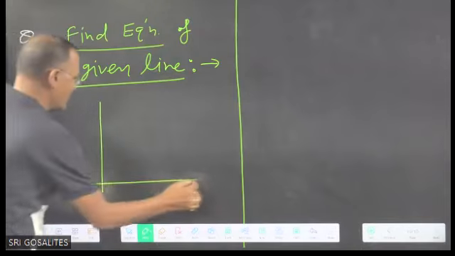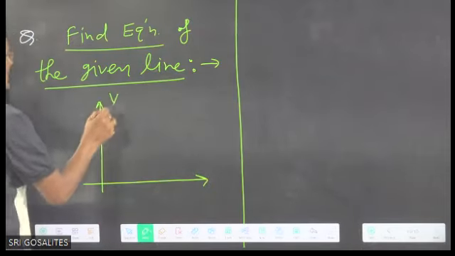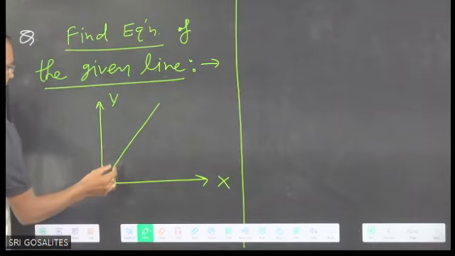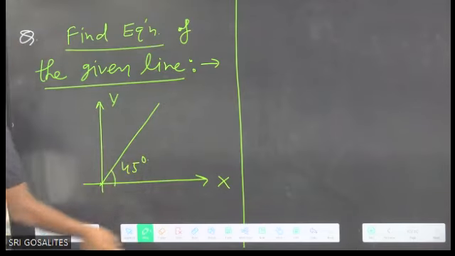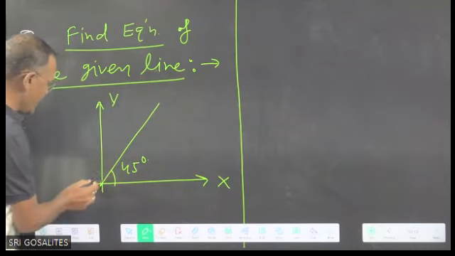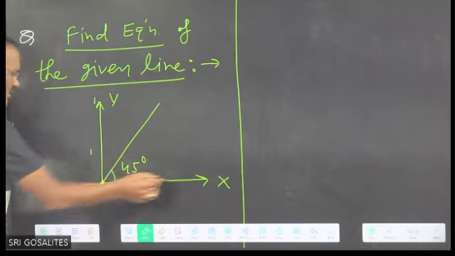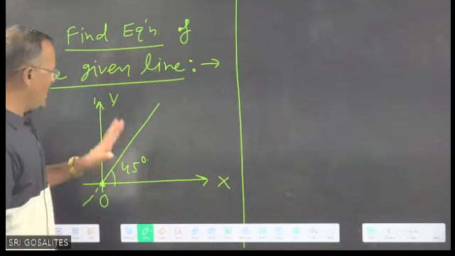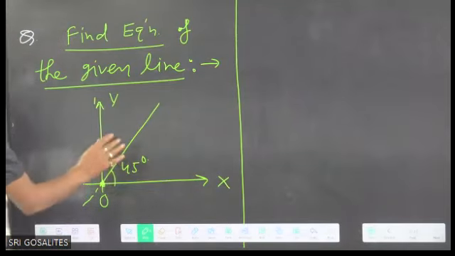Suppose the question is this: y, x, here is a line and it makes an angle 45. So you can see the line is passing through the origin, this point, the intersection of x and y. What do you call this, beta? Origin. So now here, step by step we will do.